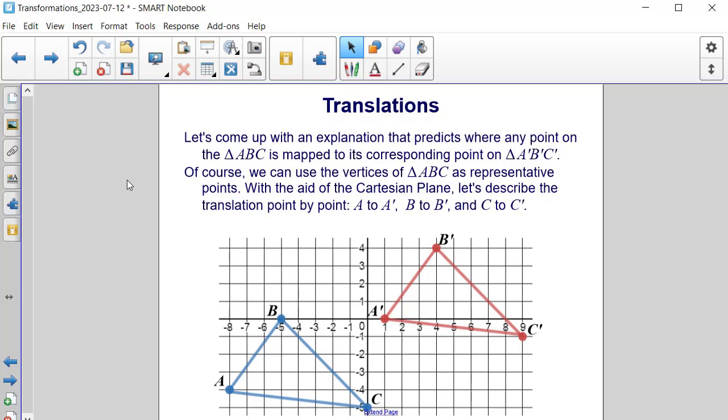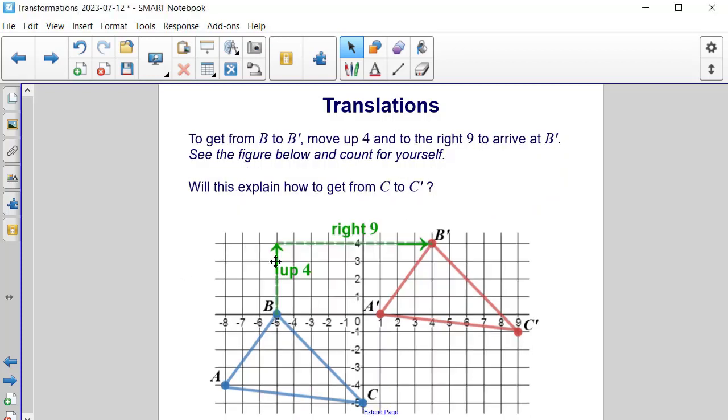Let's come up with an explanation that predicts where any point on the triangle ABC is mapped to its corresponding point on triangle A prime, B prime, C prime. Of course, we can use the vertices of triangle ABC as representative points. And with the aid of the Cartesian plane, let's describe the translation point by point from A to A prime, B to B prime, and from C to C prime.